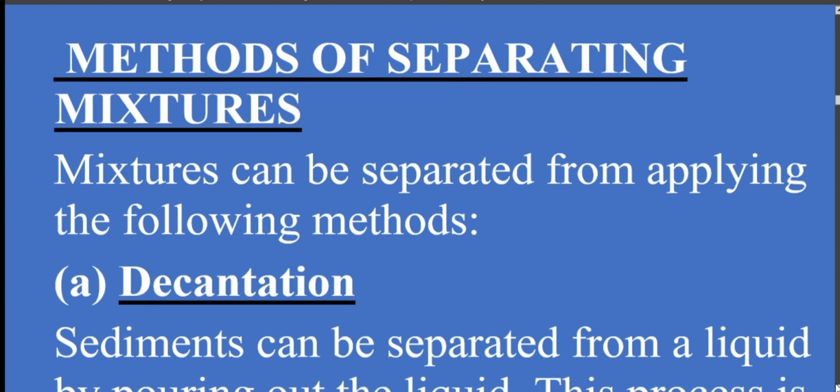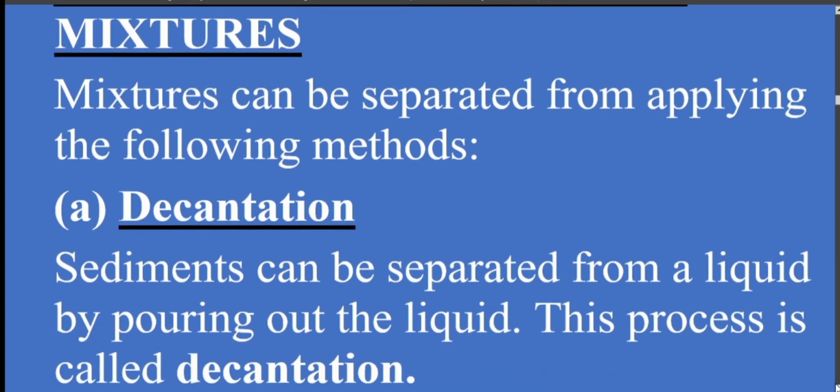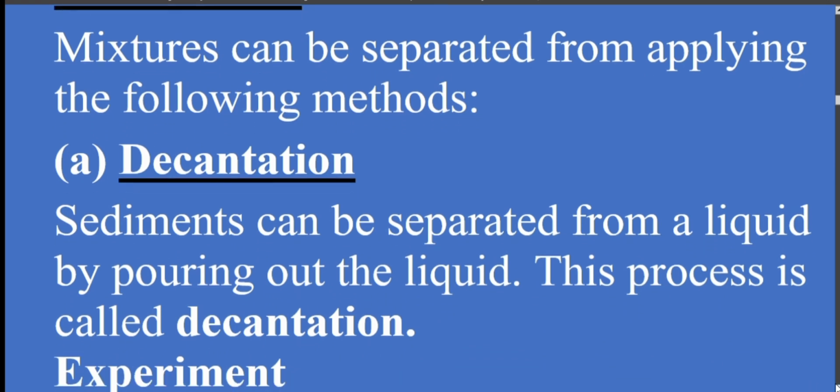So decantation. Sediments can be separated from a liquid by pouring out the liquid. This process is called decantation. It is a separation process used for solid-liquid mixtures where the solid is insoluble in the liquid, so we decant the solvent and remain with the solute.